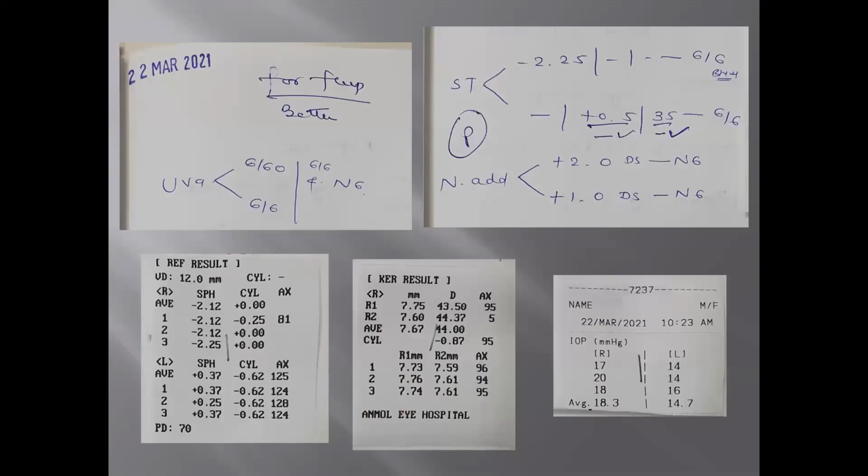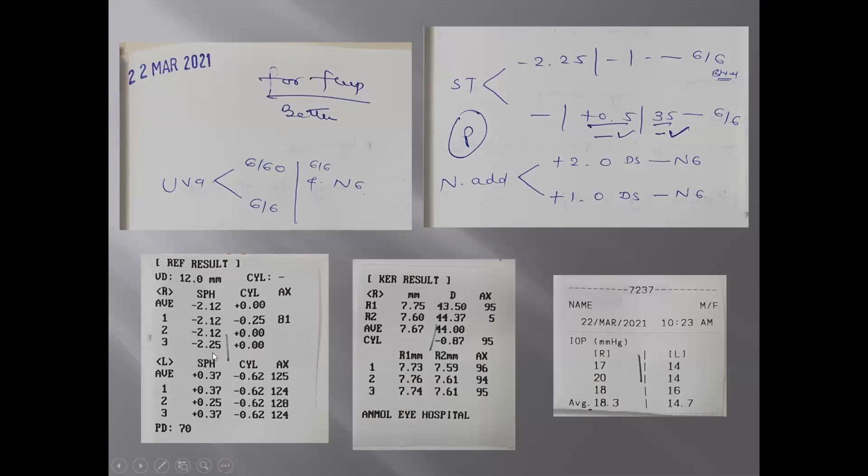So in this case, I have put all the data on this figure. You can see the other eye is a phakic eye and normal eye. So in the right eye, the patient has 6/6 vision after surgery, while in the left eye, the patient has 6/6 vision. The left eye is having N6 vision because it is a phakic eye and the patient is 40 years of age.